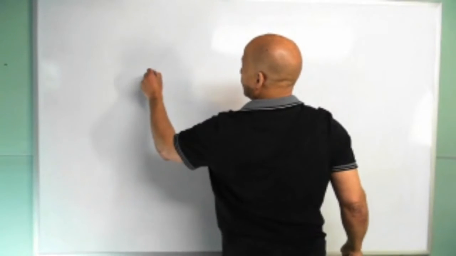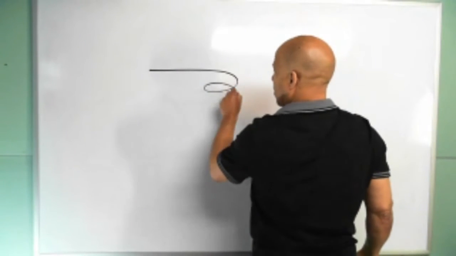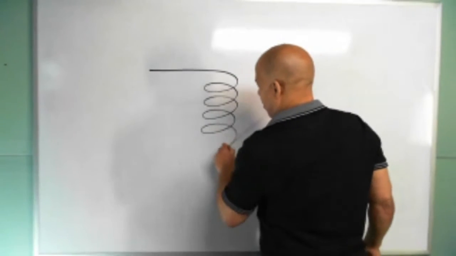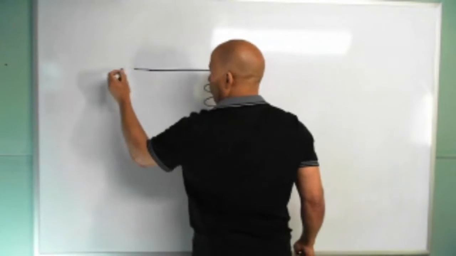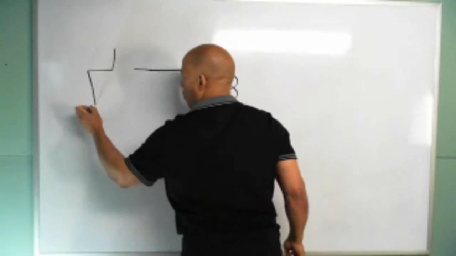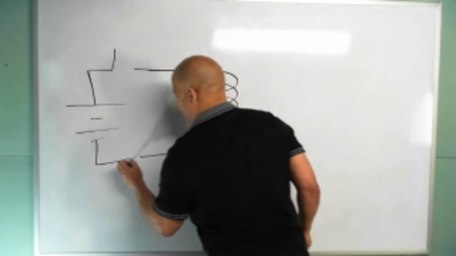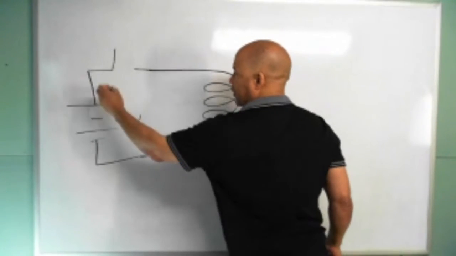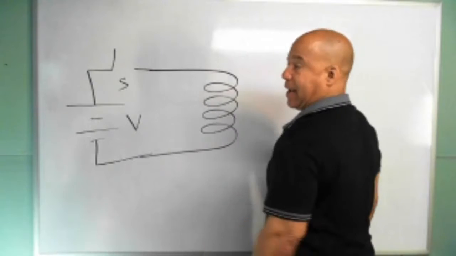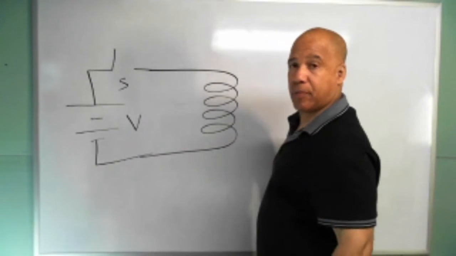So instead of having a straight conductor, what if I had this? Okay, so I got a voltage source and the switch, and I got the wire now, and it's coiled.